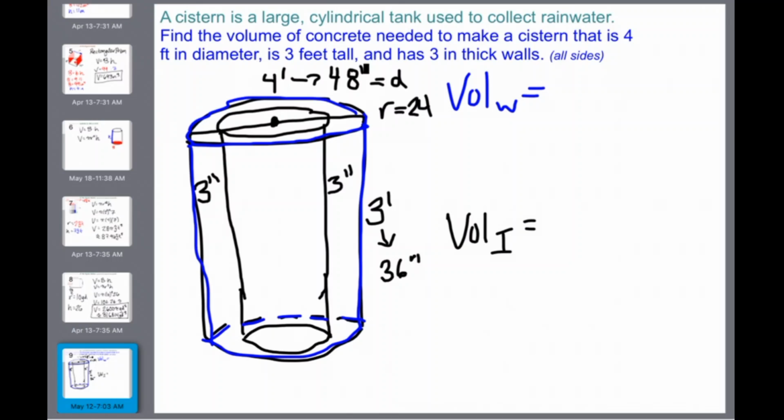So if we want to find the volume of the whole thing, including the space in the middle, we have that that's going to be our 24. Volume is the area of the base times the height, which is pi r squared. So we have pi times the radius of 24 squared, and then that's times the height, which we have is 36 inches.